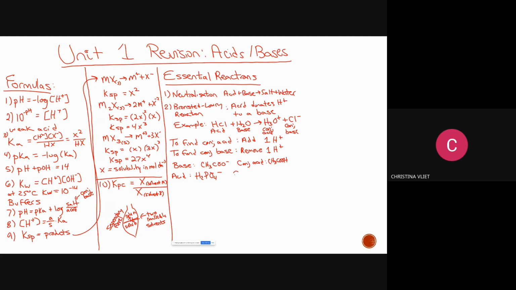If my acid is H2PO4 minus, what's my conjugate base? When I remove a hydrogen, what else do I need to remove? 1 from the charge, which means the charge goes down by 1. So this would be HPO4 minus 2. And these two are called a conjugate acid base pair.